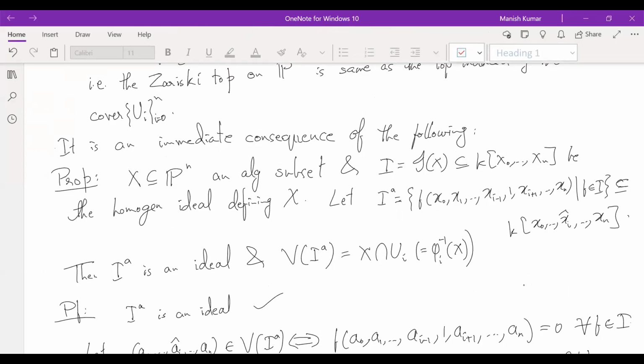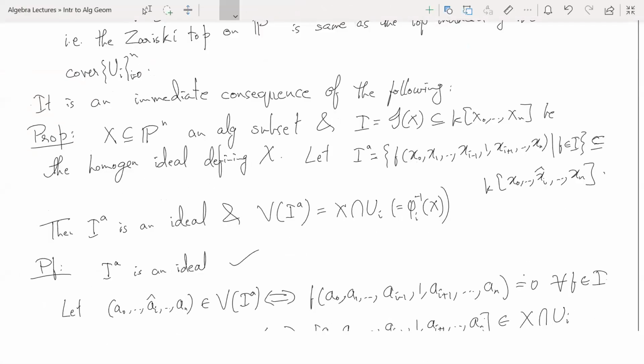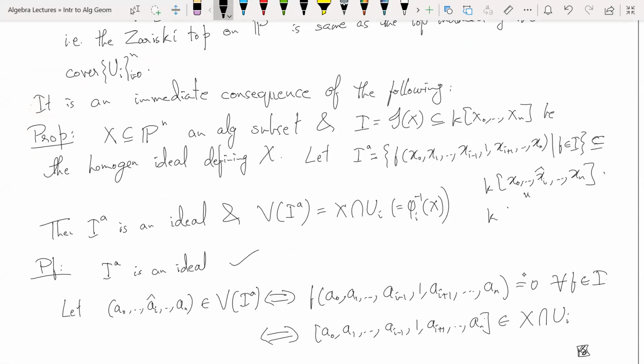Hopefully. So this precisely means k[x0, ..., xi-1, xi+1, ..., xn]. This is what the notation means.